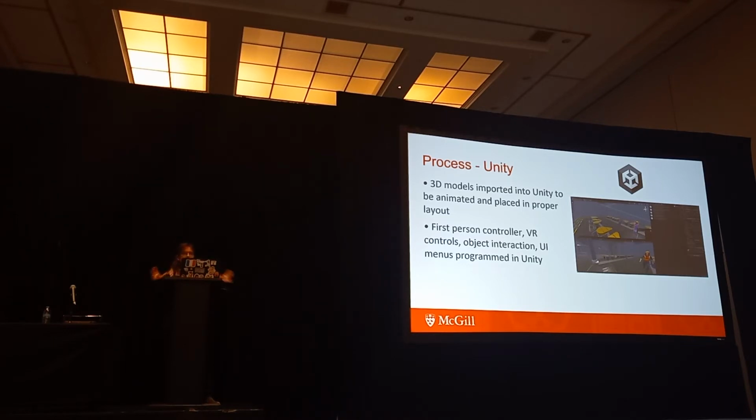We had two different ways of moving around the virtual world, VR controls and a first-person controller with a mouse and keyboard. We originally had planned for the VR version as a starting point. We have access to two headsets, so two students at a time would be able to go into our computer lab, put on the VR headset, and move around in a virtual world.